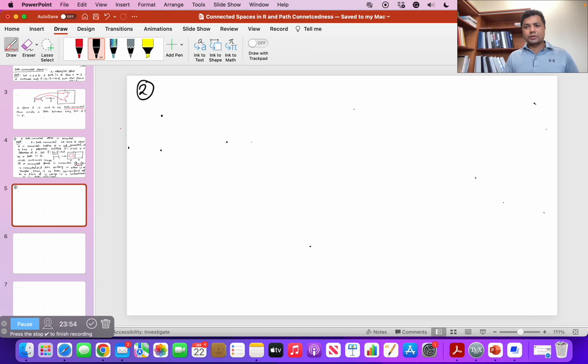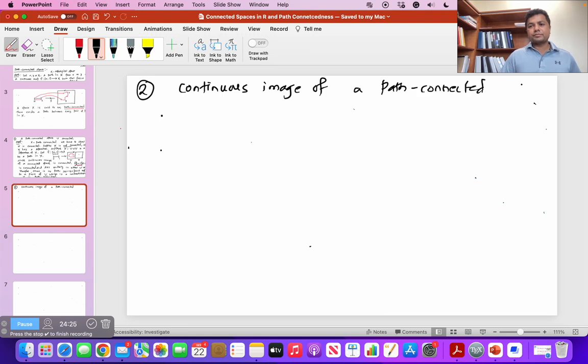In our previous lecture, we have seen that the continuous image of a connected space is connected, and that property is also true for path connected spaces. The continuous image of a path connected space is path connected.